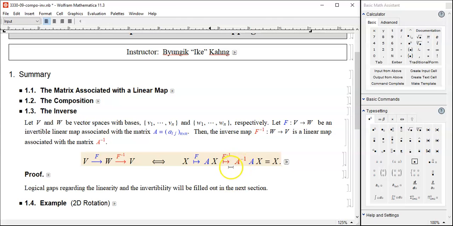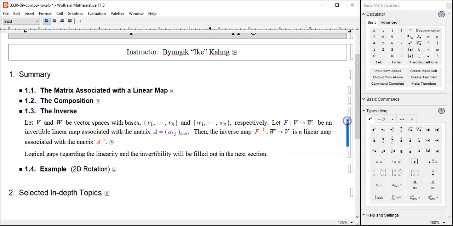So even if this matrix multiplication is something very strange, zero will stay zero. But that's not what you're looking for. This is true for arbitrary x. For that purpose, this has to be identity. So what can I multiply to get an identity? It's an inverse matrix, of course. So yes, the inverse map is associated to the inverse matrix.